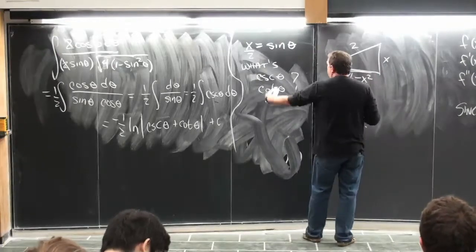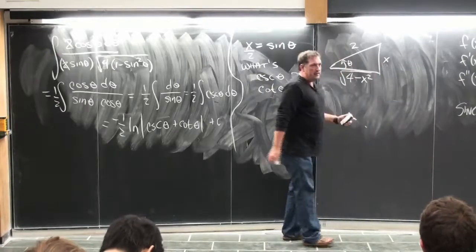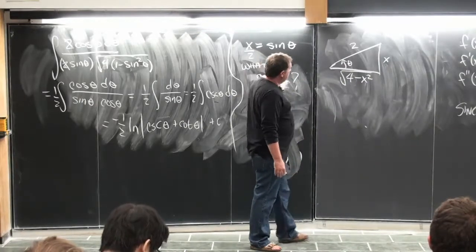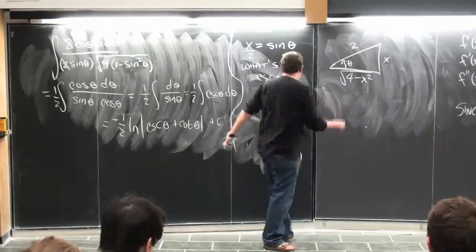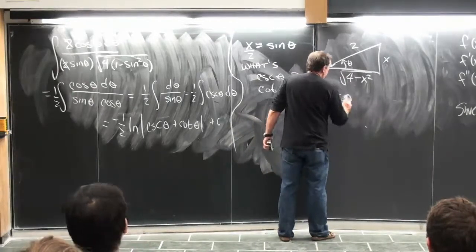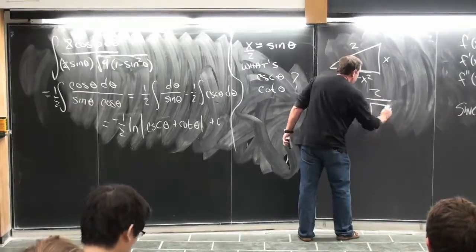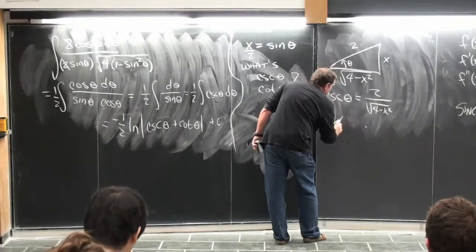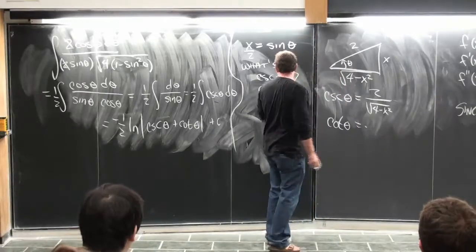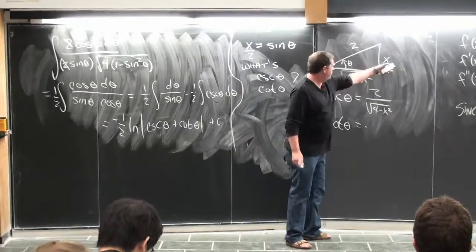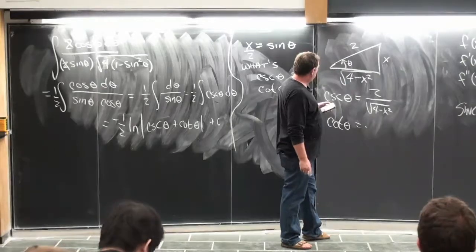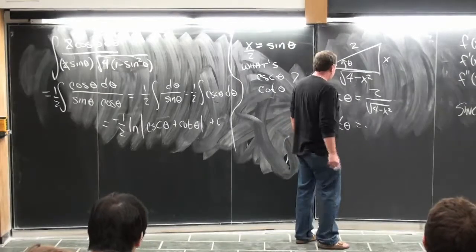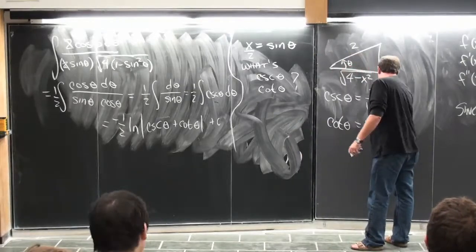Okay, so now we can read off from this what the cosecant is. The cosecant is 1 over the sine, which means it's this over this. And the cotangent is this over this. Really? Cosine over sine, right? Yeah.